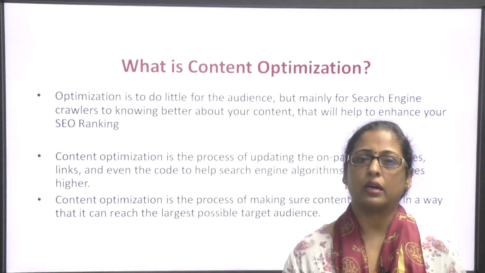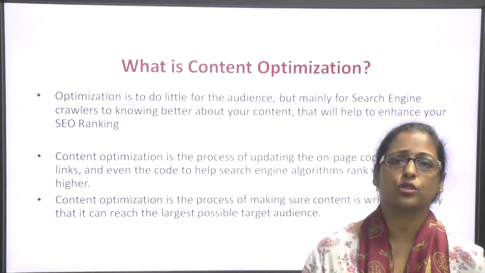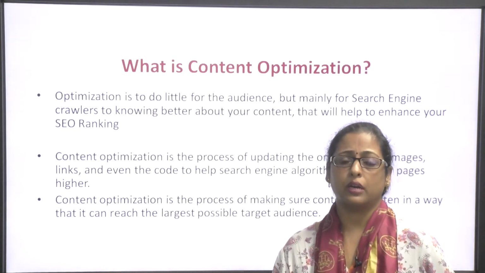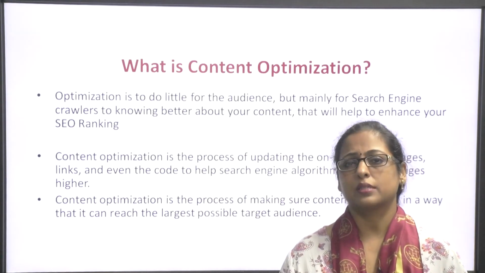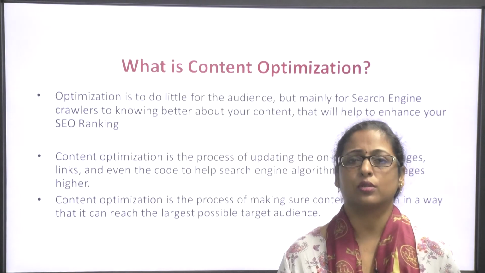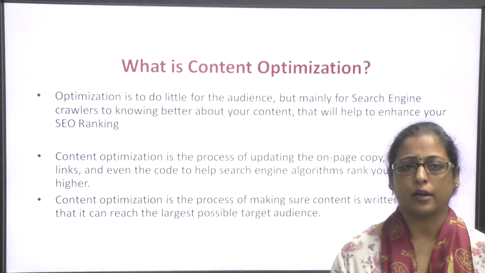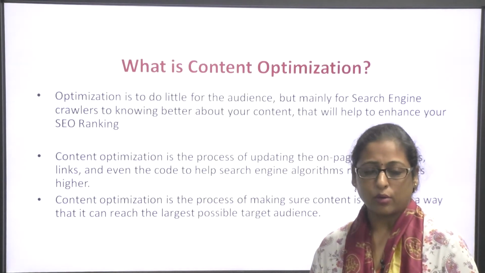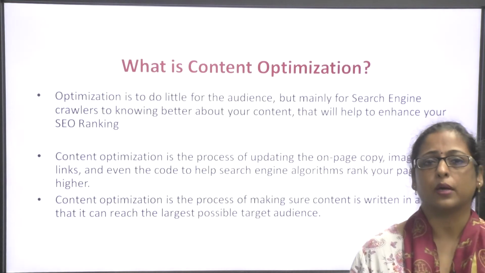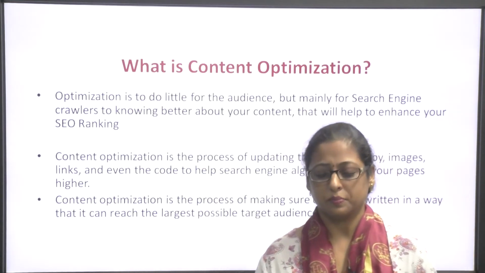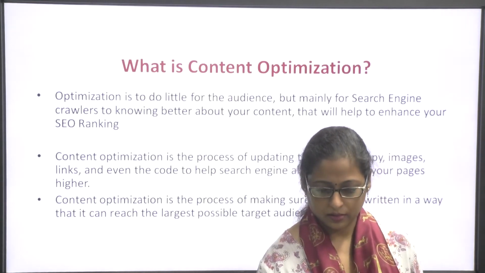So proper coding, clarity of coding, fewer 404 pages, and proper size and performance of the audios and videos will improve content optimization. So you can understand that content optimization is a process or practice of making sure that the content is written in a way that it reaches the masses.